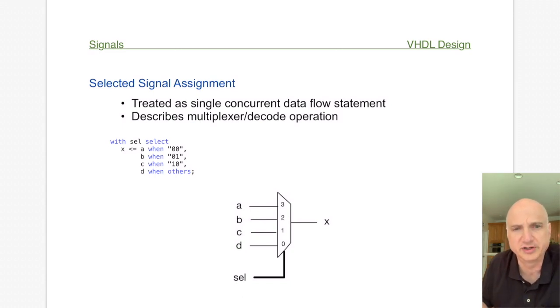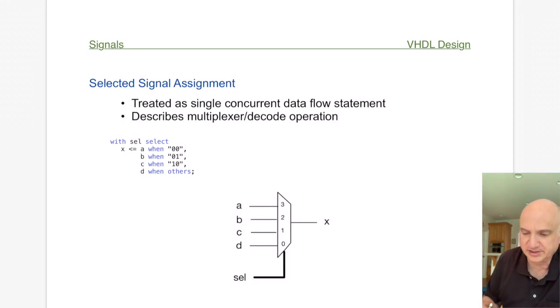We're going to see a really complex example in later videos that utilizes the selected signal assignment statement to achieve really complex functionality with very little code. That's kind of impressive, right? When you can write code to define a very complex operation, but do it in such a way that it doesn't take up a lot of space.